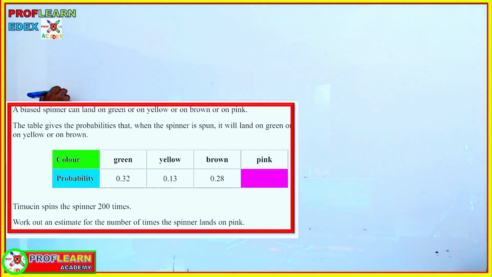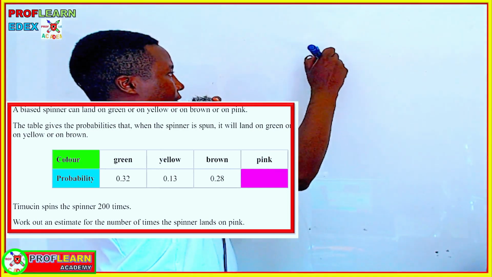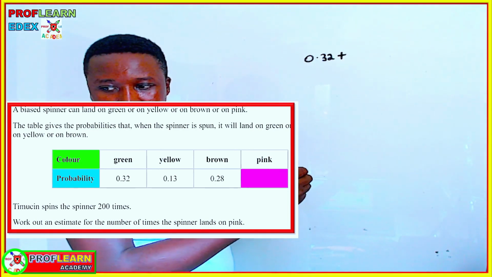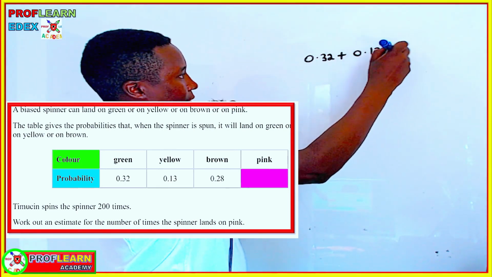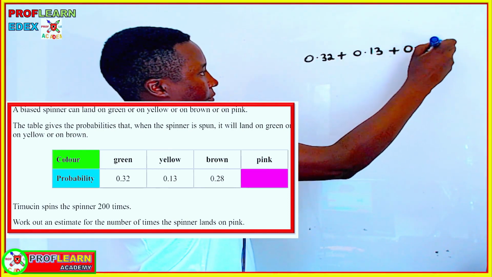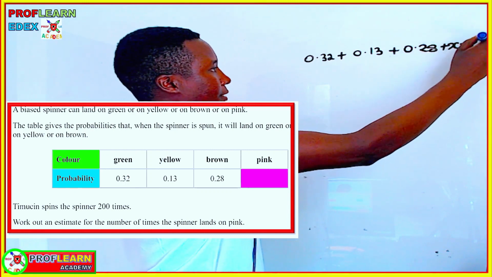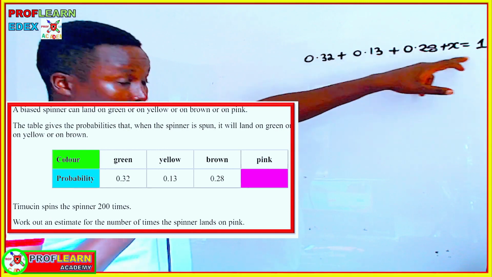So let the probability for pink be x. We can say that 0.32 plus the next probability, 0.13, which I'm going to add to 0.28, then plus x, must be equal to 1. So the sum of all probabilities is equal to 1.